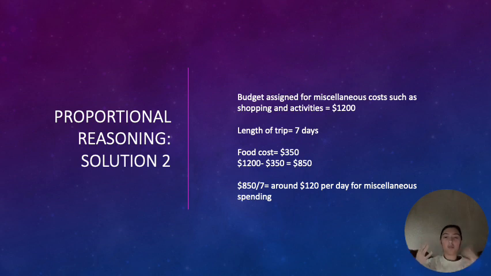And your circumstances may change, so this can allow for unexpected costs and help accommodate that. So to calculate this, 1,200 minus 350, which would be 850 left, and then to calculate your remaining budget, it would be 850 divided by 7, which means it would be about $120 per day, which allows you to budget more smartly and be more responsible with your spending.